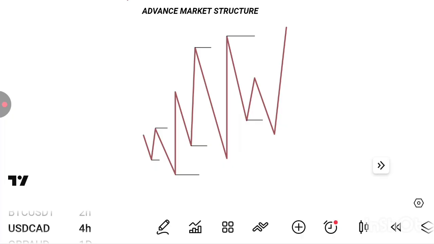Then price takes out that internal liquidity, then expands again towards the external liquidity to go take it out. This is how price moves. This is the market mechanics.